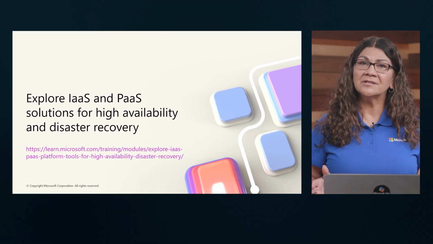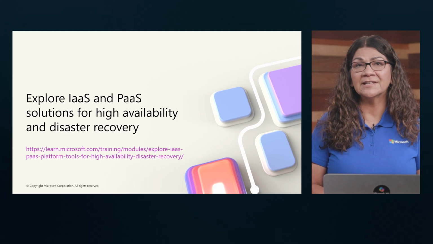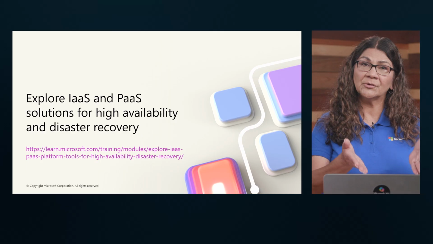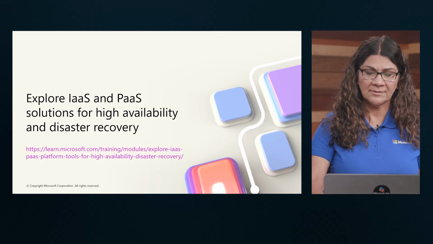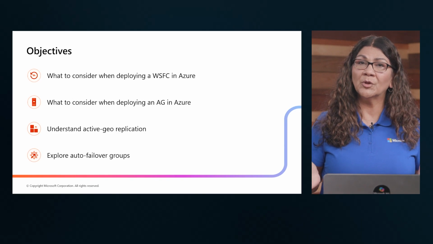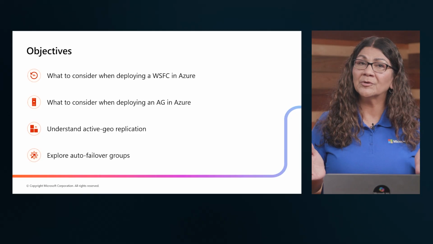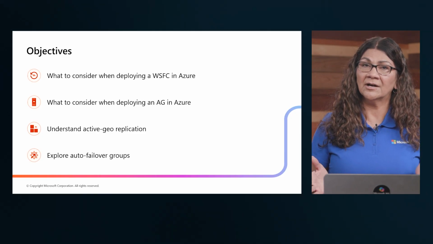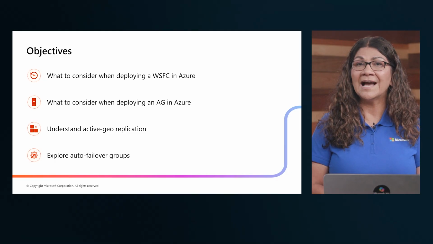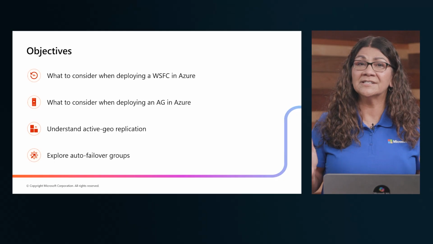Welcome to our section on exploring IaaS and PaaS solutions for high availability and disaster recovery. If you'd like to follow along, please use the URL that we have here on the slide. If you're using IaaS for deploying your database solution, there are considerations for properly deploying HADR. Suppose you want to use an availability group. How is deploying Windows Server failover cluster different?